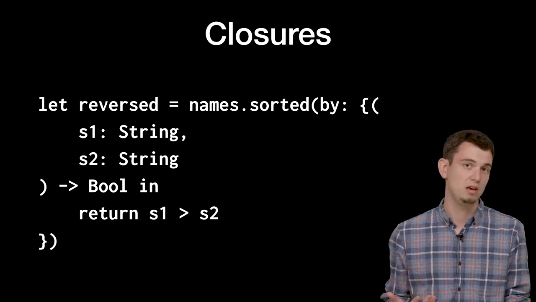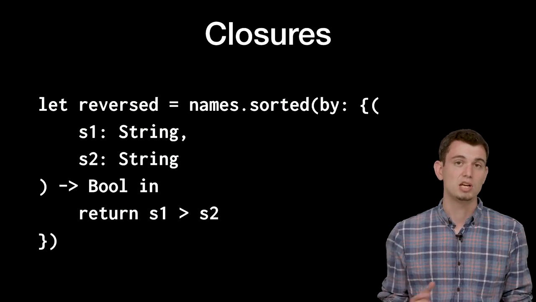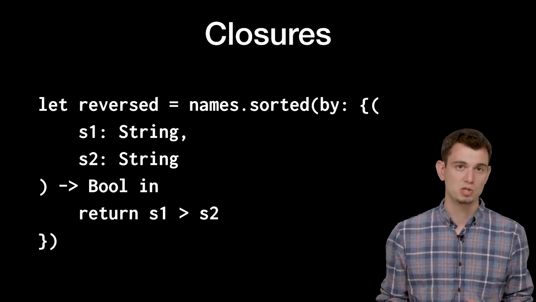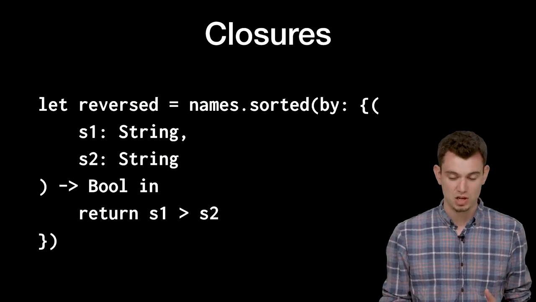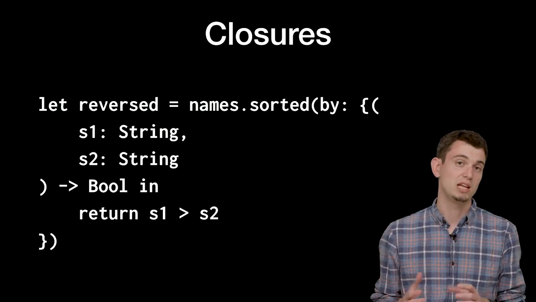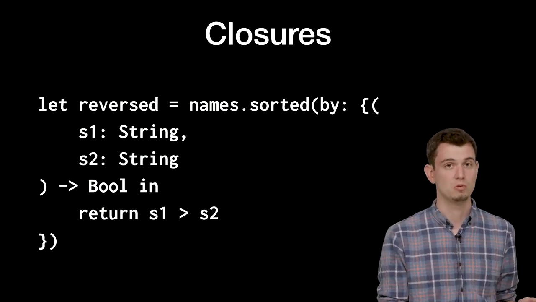There's a method on our list of strings called sorted, and it's going to take one parameter, which is a closure. To walk you through this syntax, we have this open brace, and then we have this open parens. Inside of the parentheses is where we're going to define the parameters to our closure.